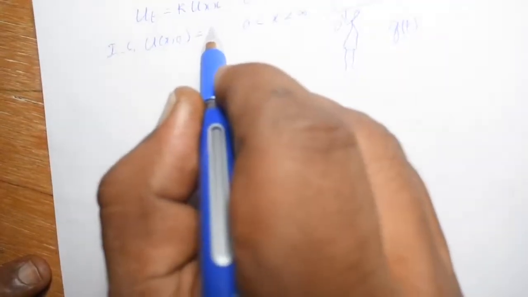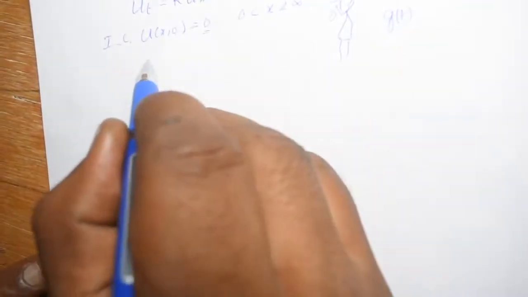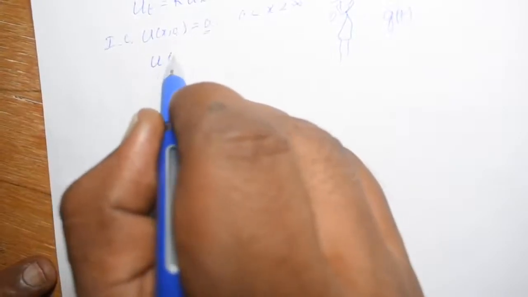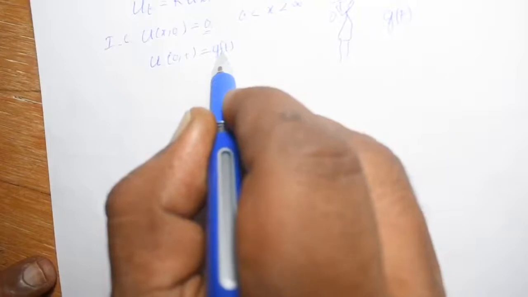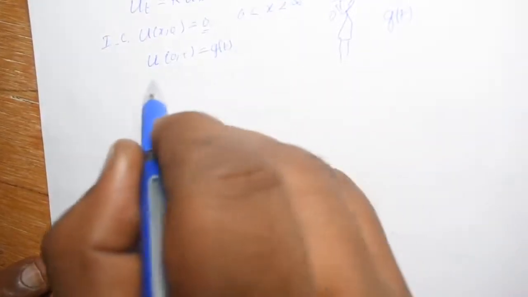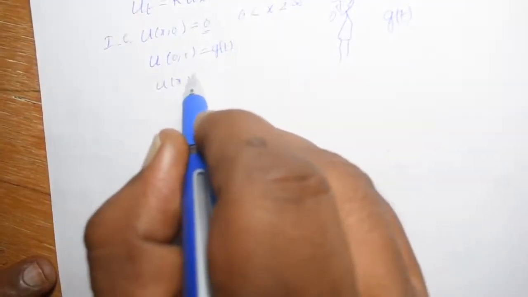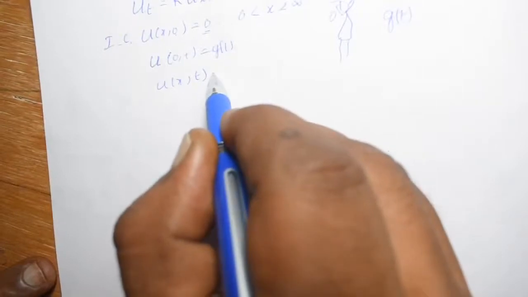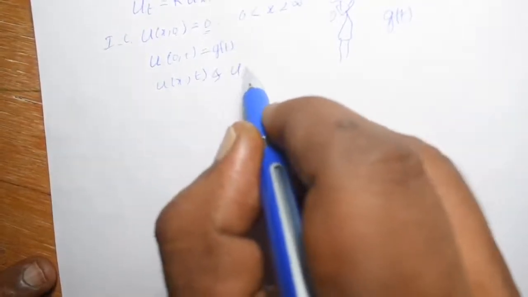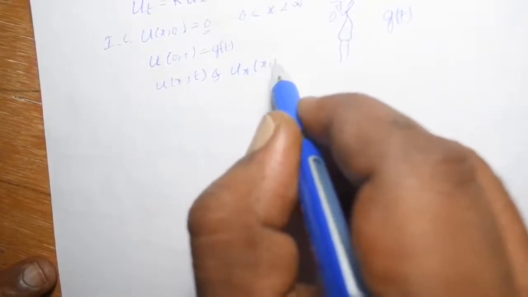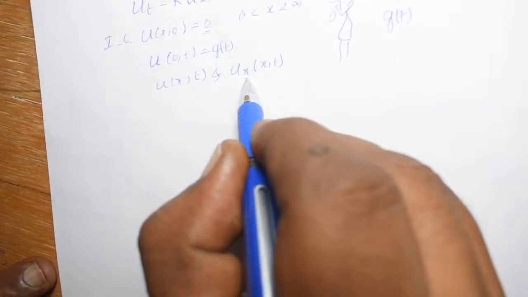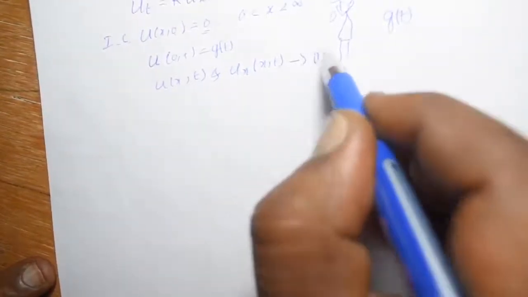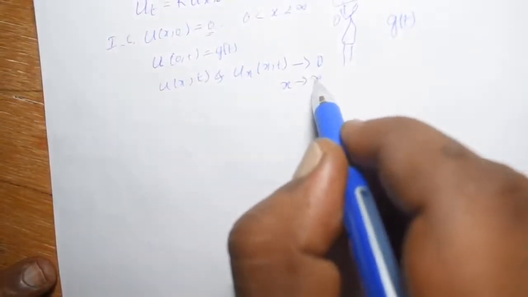And the boundary condition is given by u of 0 comma t is equal to g of t, and further you have to assume that u of x comma t and u_x of x comma t, the u itself and its derivative with respect to x, both tend to 0 as x tends to infinity.